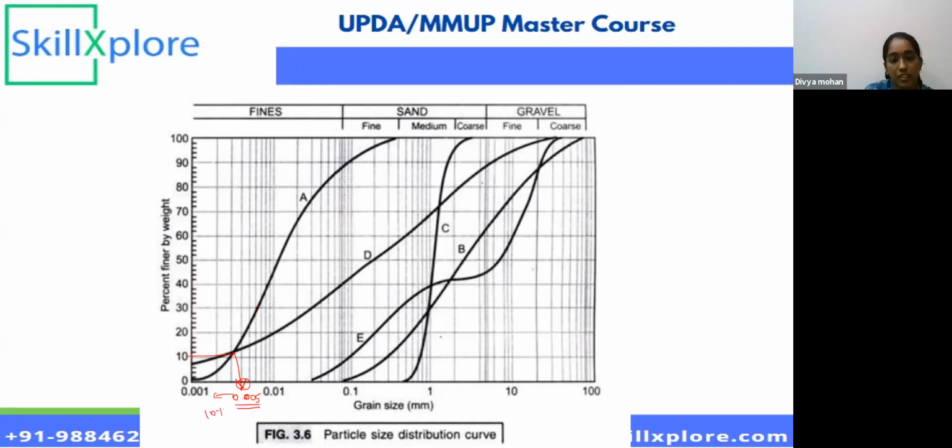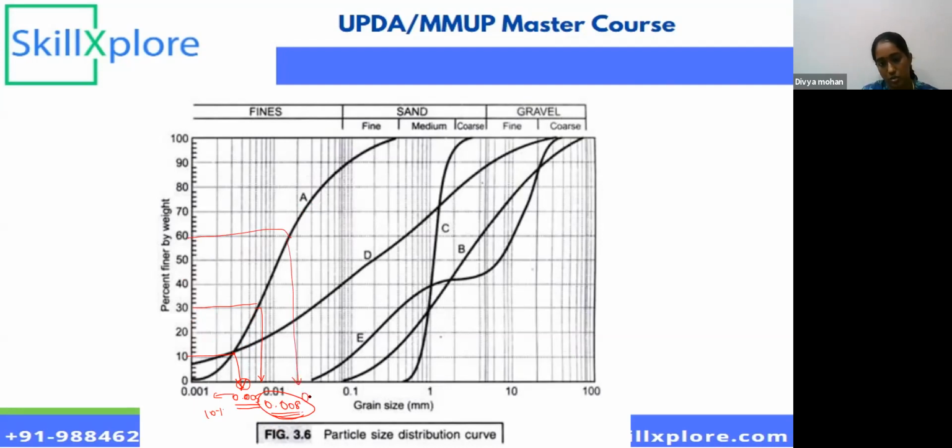And for D30, let me take 0.008. So for this A graph, D30 will be 0.008. From that we can say that this is the size below which 30% of the soil mass is present. And D60 is this one.